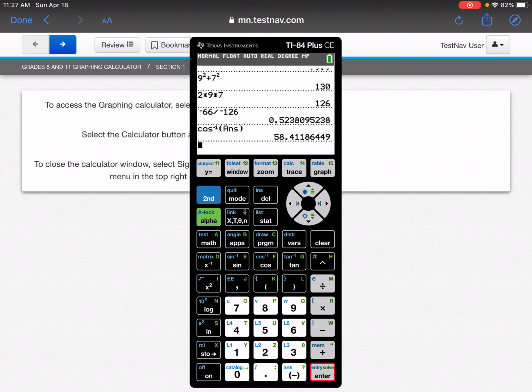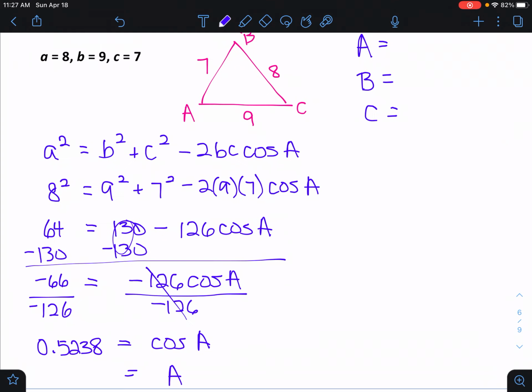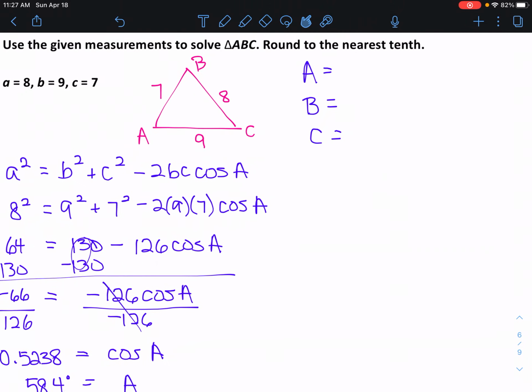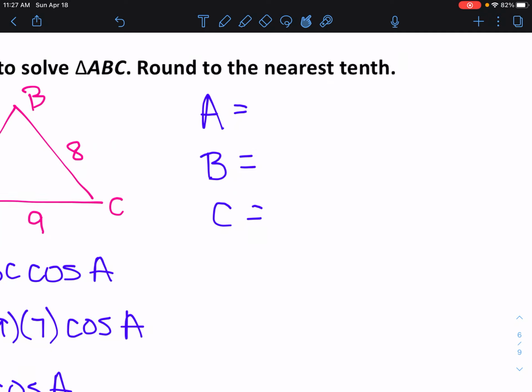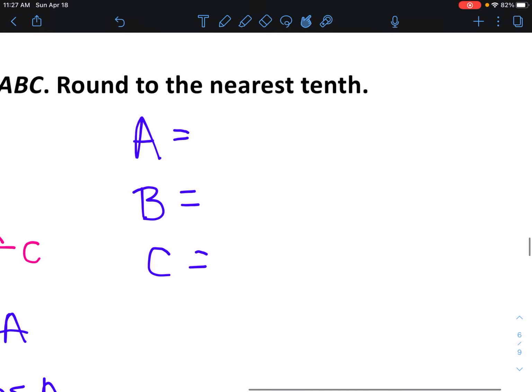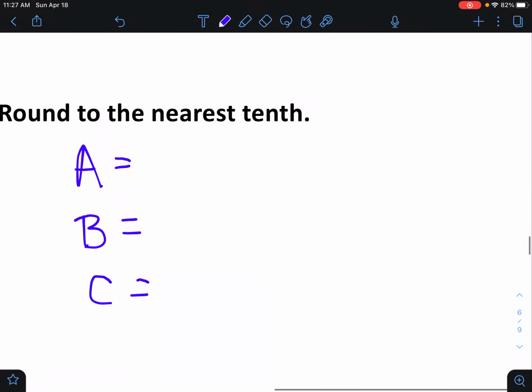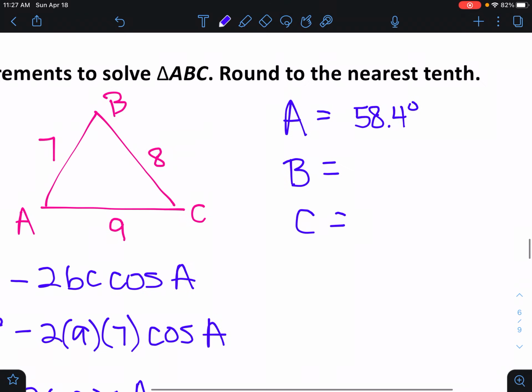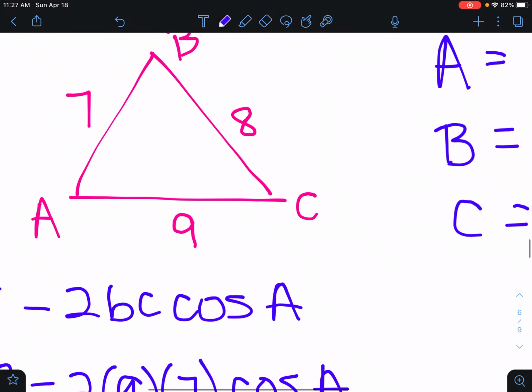So I have 58.4 is my answer for that angle, 58.4 degrees. Okay, so be careful with that. Not a lot of calculator work, but a couple of things you need to remember about order of operations. So don't forget that.